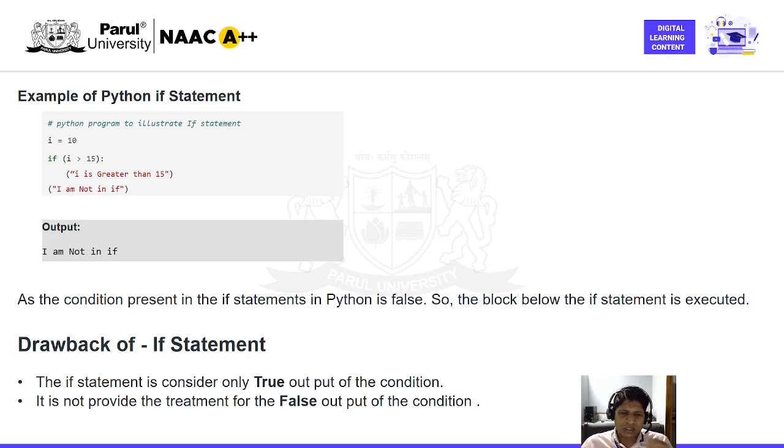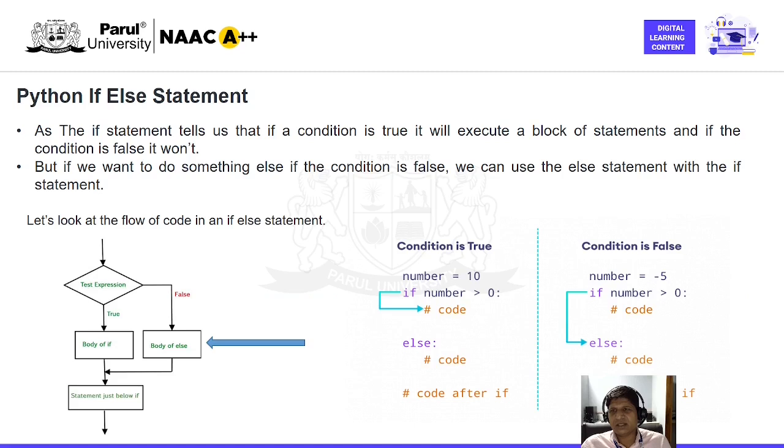The drawback of the if statement is solved by the next one, that is the if else statement. The if else statement is also a boolean, conditional statement in which there are two blocks. One is the if block and another is the else block.